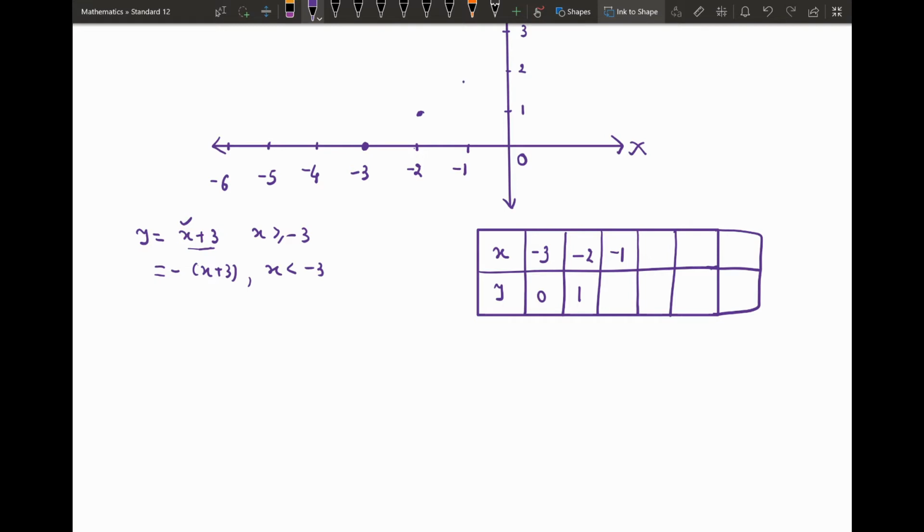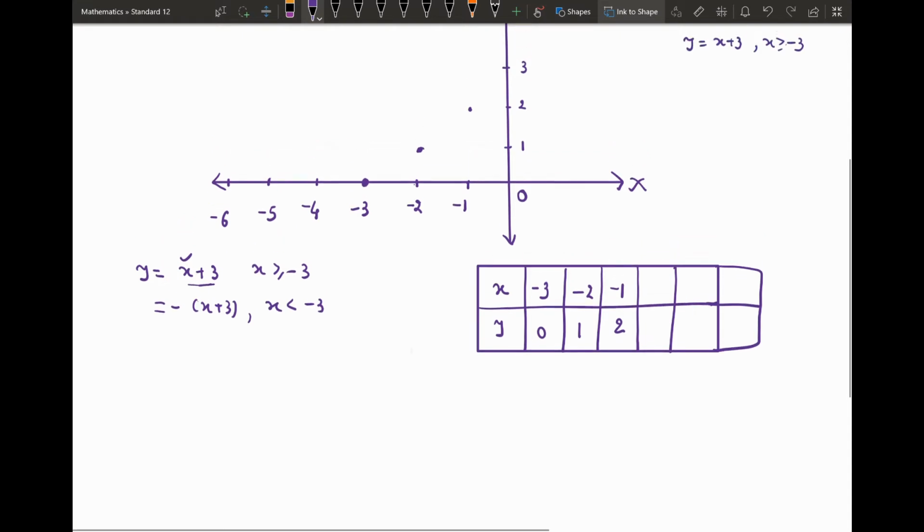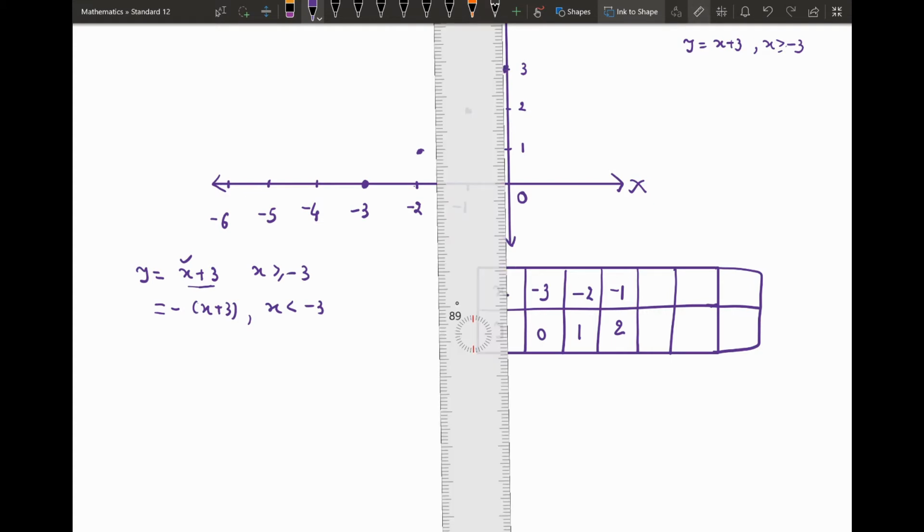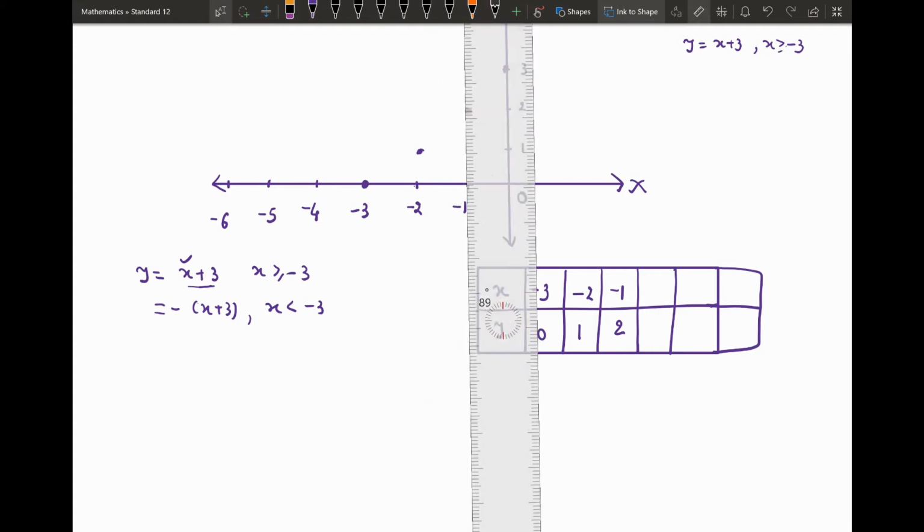And if x equals 3, y will be 0. So another point will be this one. We have to join these points.